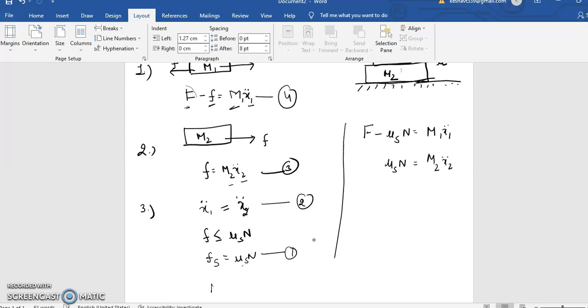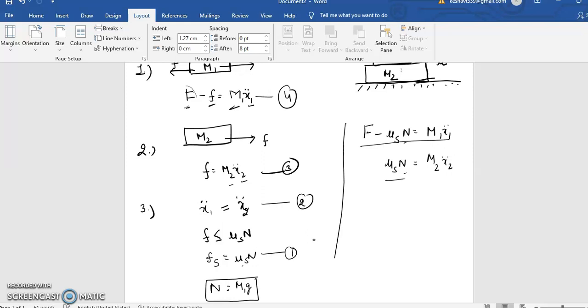Let me write here that N is m1 times g. This N is known because m1 and g are known. Now the only things remaining are x1 and x2, and by the constraint, x1 and x2 are equal.